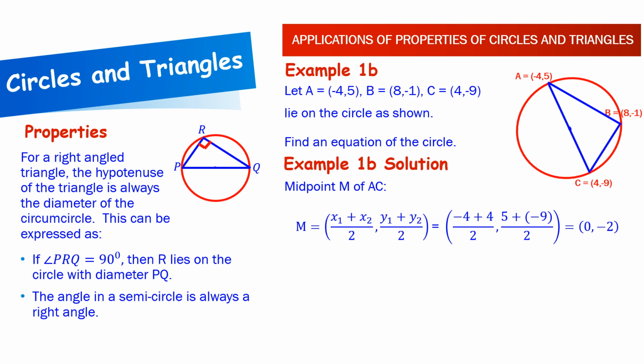And tidying up, this gives us (0, -2). We also have that the diameter of the circle is root 260 from the solution to example 1a. So now we have the radius, which is half of this, and we have the centre of the circle, which is the midpoint of AC.